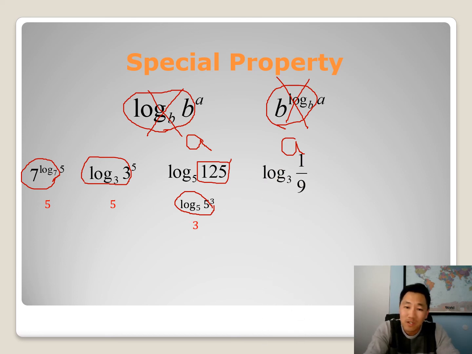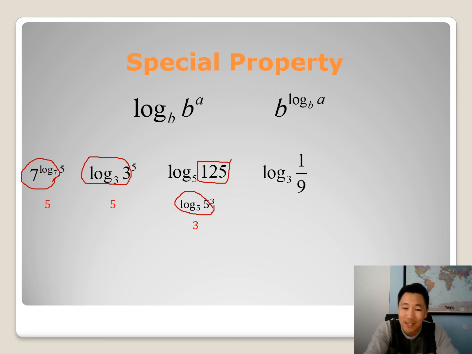Same thing with this one. The 1/9 doesn't seem like it would fit the property, but 1/9 can be written a little bit differently. Are you ready? There it is. 1/9 is the same thing as 3 to the negative 2nd power. This goes away. Final answer is -2.